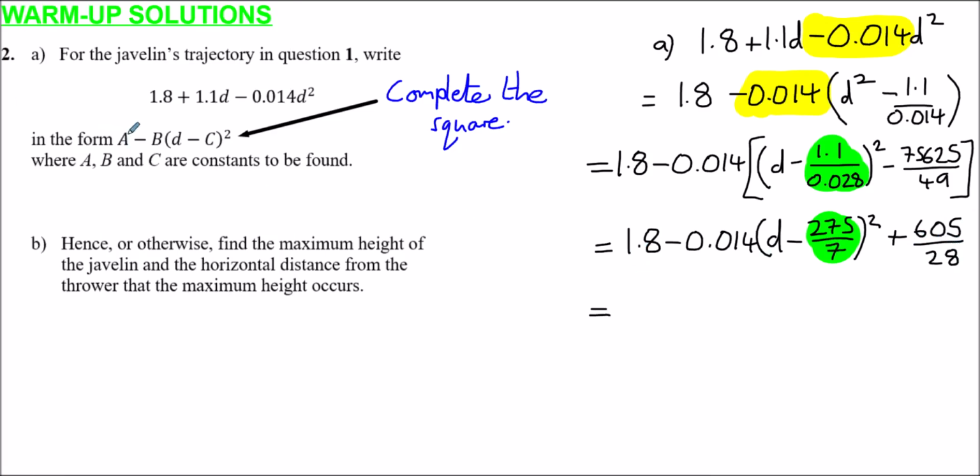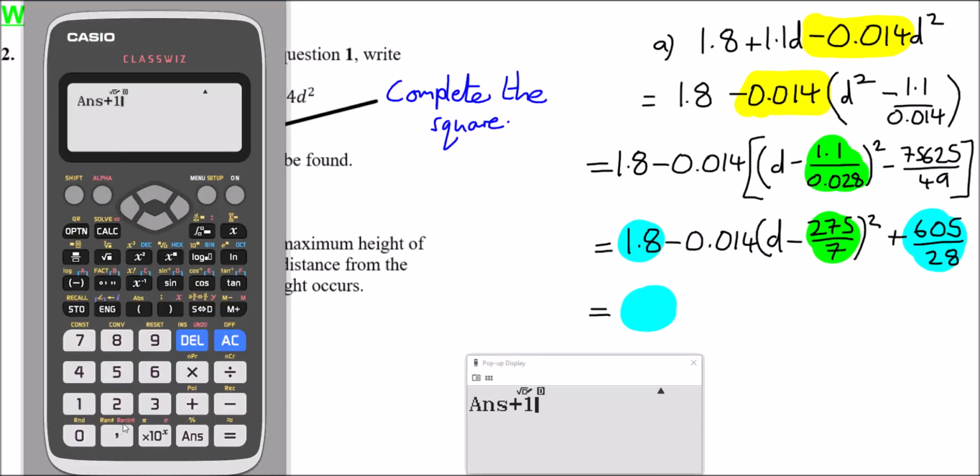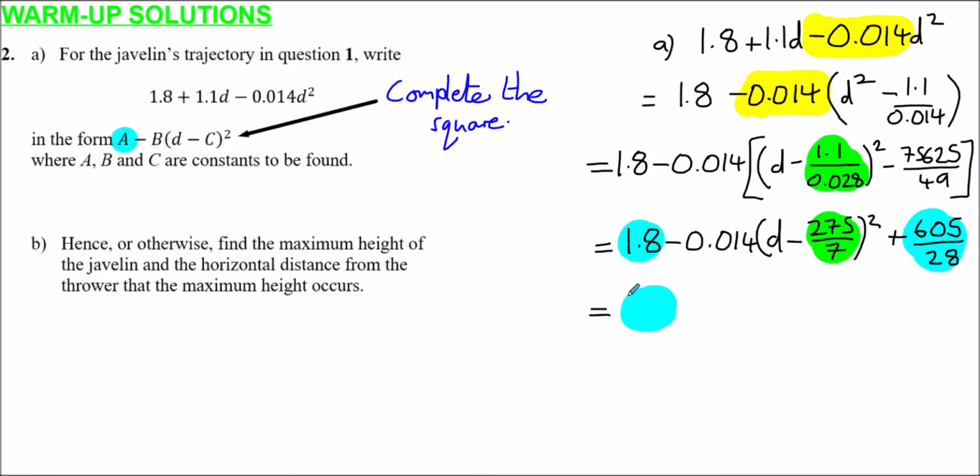So A, the constant term, will just be 1.8 plus 605 over 28. So I can combine this constant and that constant here to work out what A will be. So if I add to this 1.8, I get 3277 over 140. So I'll leave it in exact form.